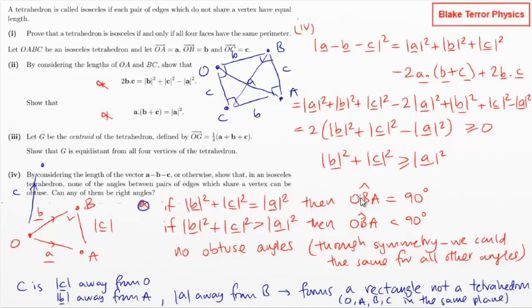I could say, well, if OBA is 90 degrees, then I'd also have that OCA is 90 degrees and CAB is 90 degrees, and also whatever the other one is that I haven't written down, BOC is 90 degrees.